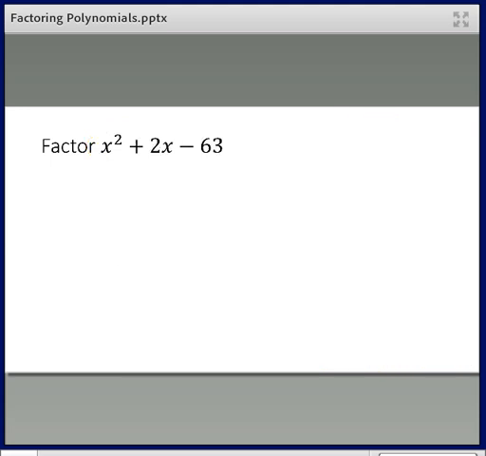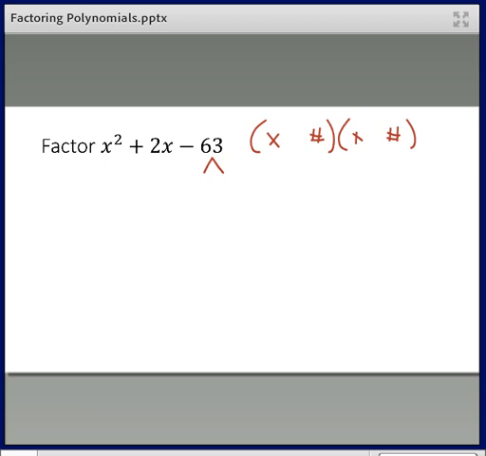I'm going to go through this one more time with a different example. Again, I'm trying to build two factors, x and a number, x and a number, with a plus or minus sign in the middle. I look at the last number, 63.